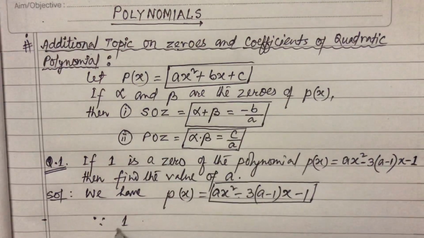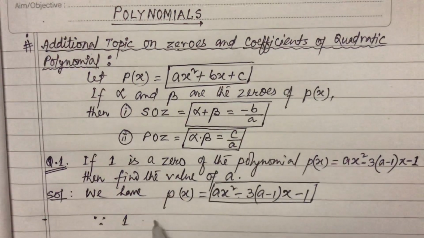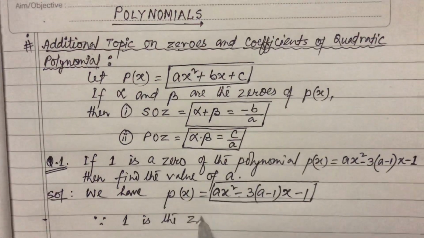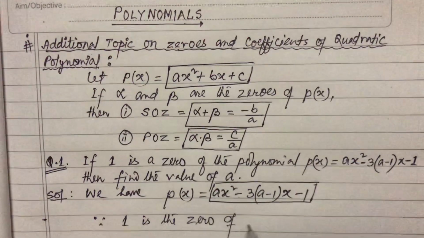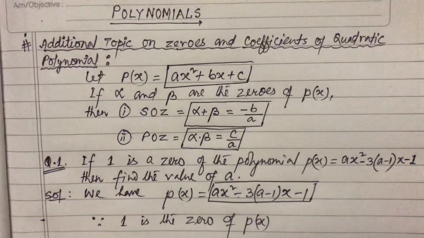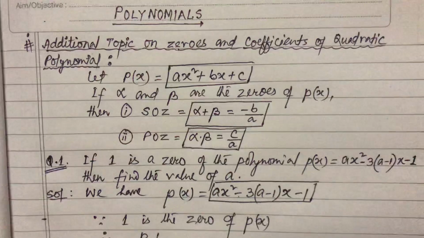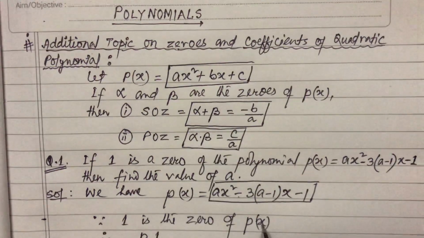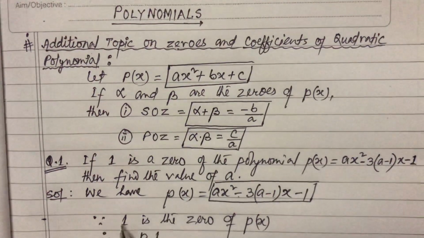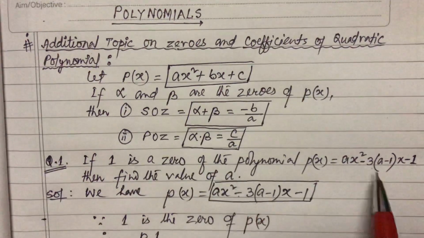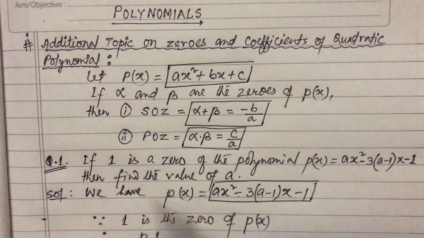So what we can do is write the given thing: since 1 is the zero of p of x, it is given that 1 is the zero of the polynomial, and we need to find the value of a. Therefore we can write p of 1, because this x will be replaced by 1.